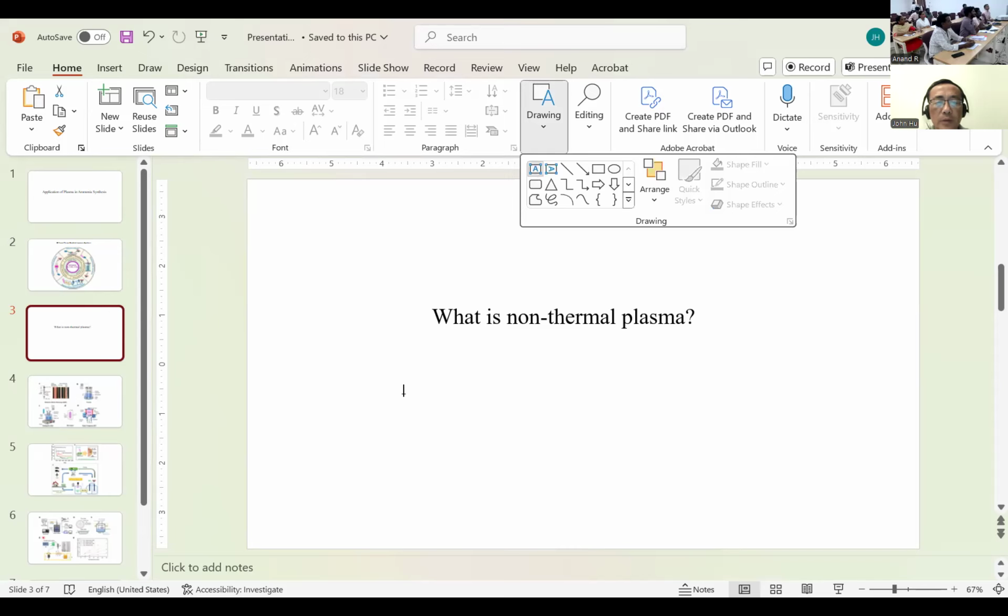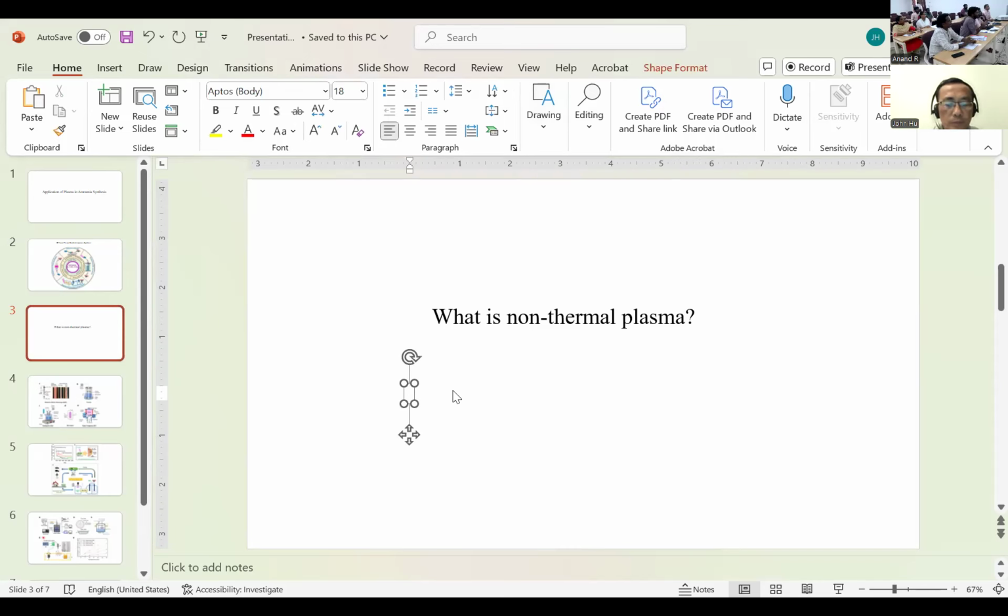Yes, sir. Non-thermal plasma means it's a cold plasma, or low temperature plasma, or non-equilibrium. That means when we send electricity through the gas, the gas becomes partially ionized.